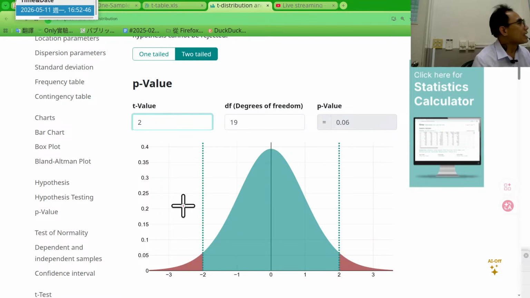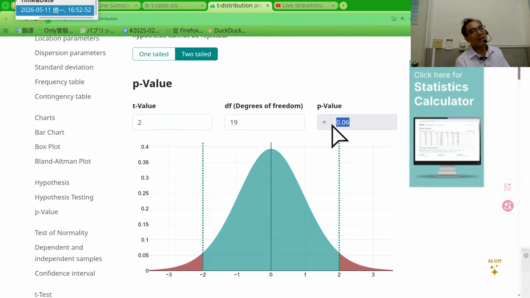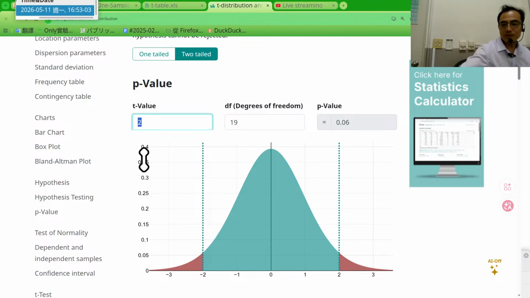0.06. Okay, what do you think about the t-value here? We can get 0.05. Can you give me a hint? What kind of number should I insert here to get the value 0.05?